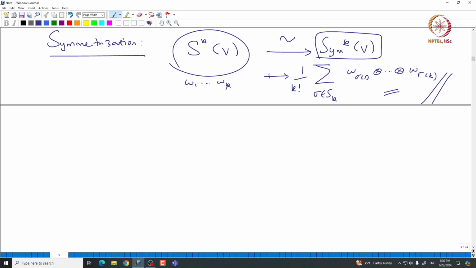The important thing is that all these Sym k of V are G representations for any given G module.